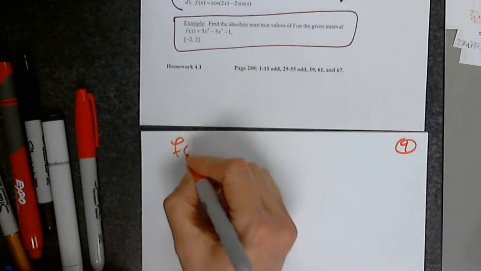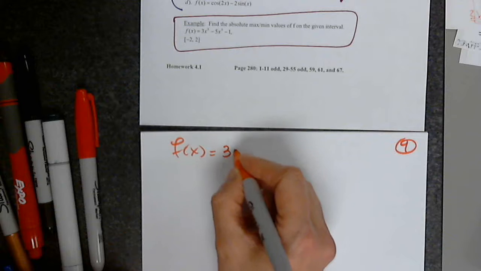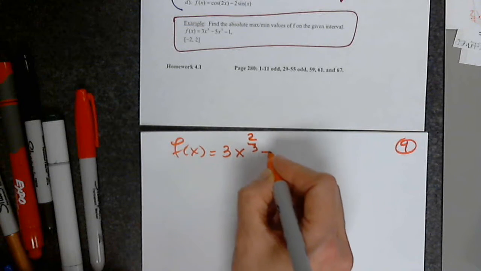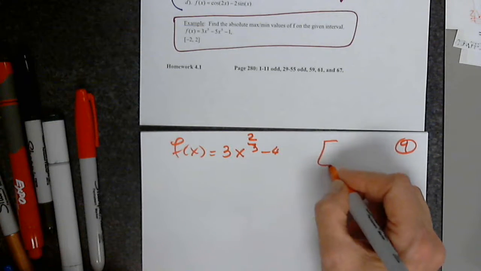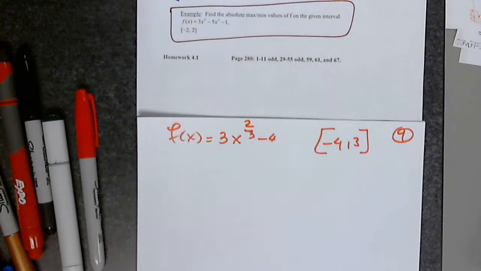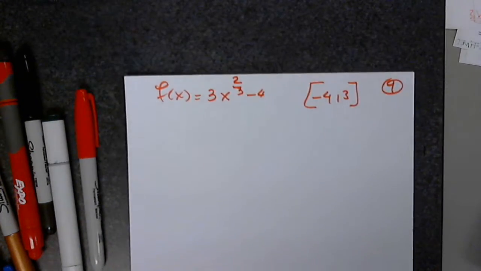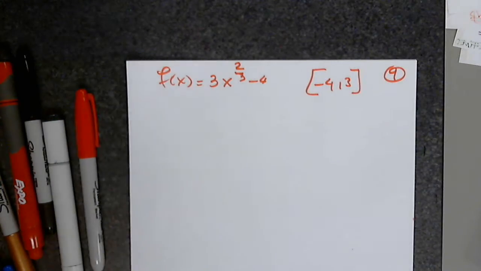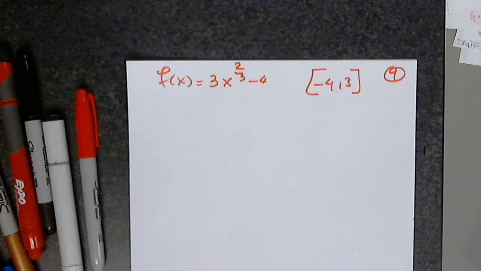So we are given a function f of x equals 3x^(2/3) minus 4, and we are specifically told this is the given interval. When we are given a closed interval for a function, we are asked to find everything we can about that function.